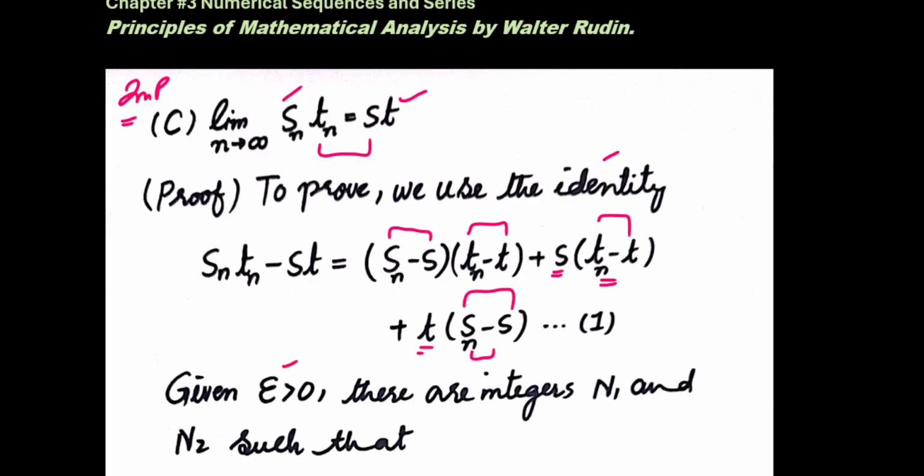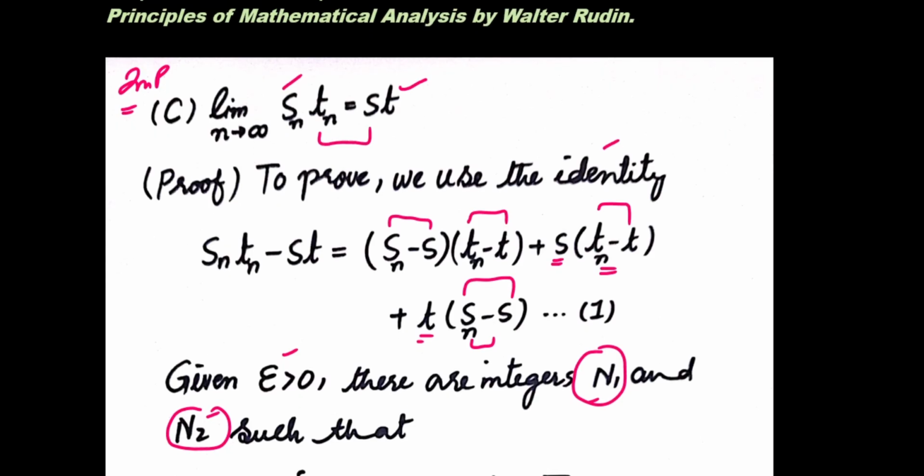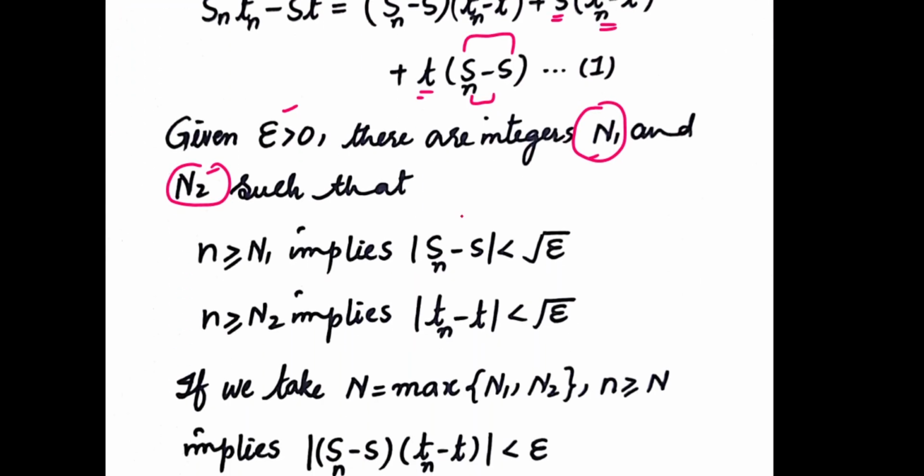So given epsilon greater than 0, there are integers n1 and n2 such that, now I will use the convergence of Sn and Tn. That's why I am taking two integers n1 and n2. At this time I will take epsilon as the square root of epsilon.